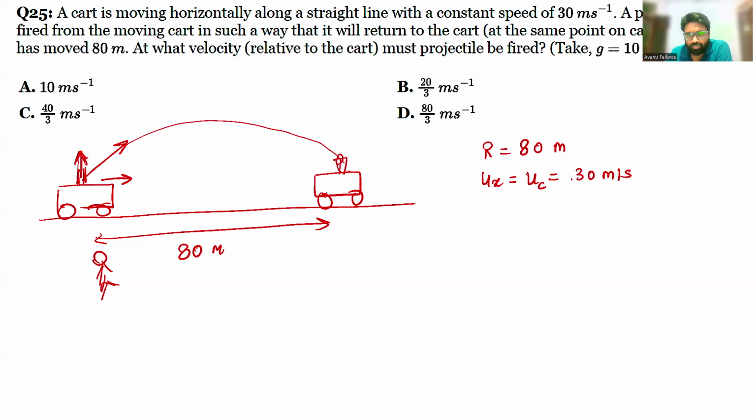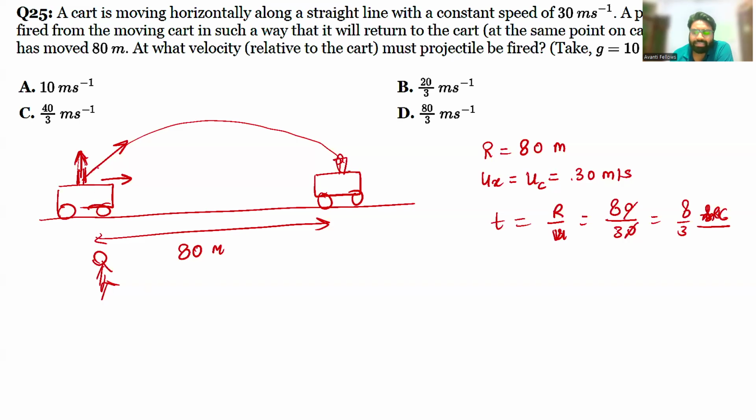So to cover this distance with a speed of 30 meter per second, because in the horizontal direction there is no force, we can say that the time taken to cover this 80 meter is R by U. R is 80 meter, U is 30 meter per second. So time taken is 8 by 3 second only.